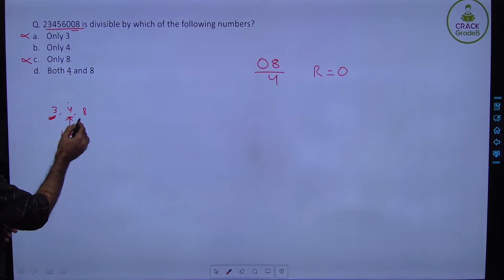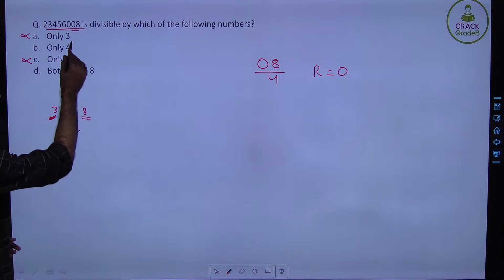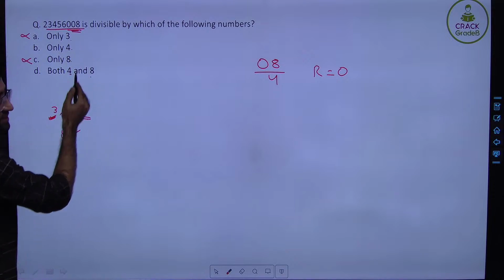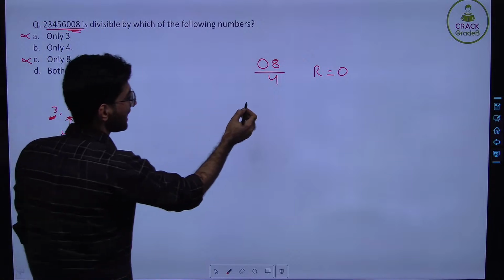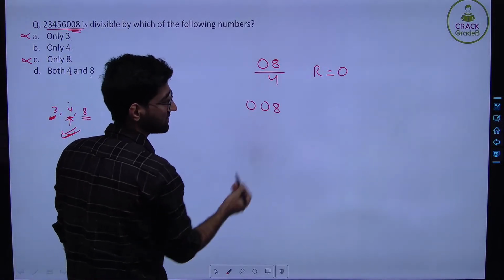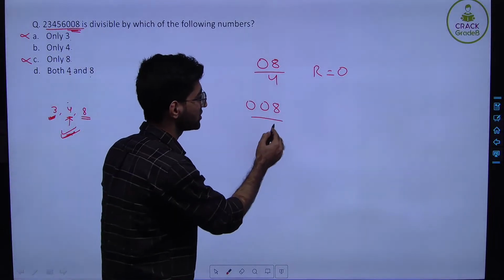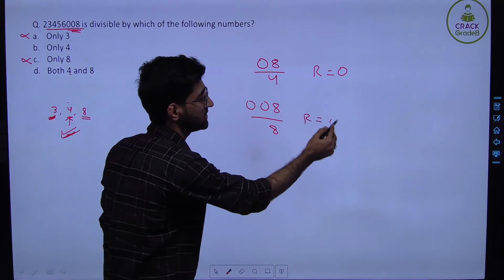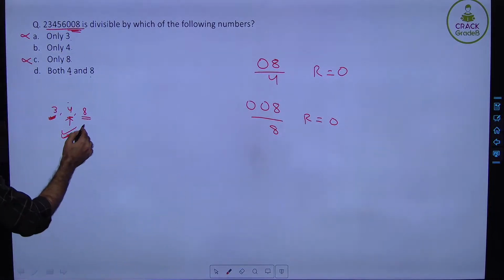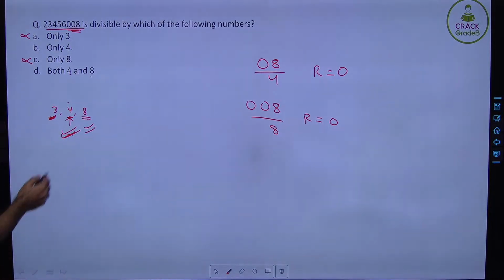Now we have to check the divisibility rule by 8. So what are the last 3 digits, right? The last 3 digits are 008, which basically means 8 is obviously divisible by 8, so the remainder will be 0, which means this number is definitely divisible by 8, right?